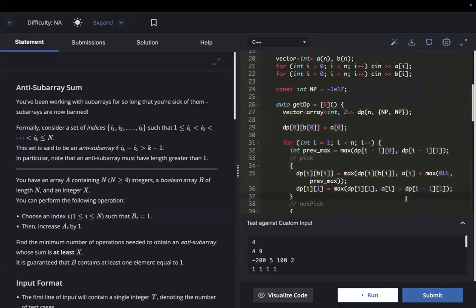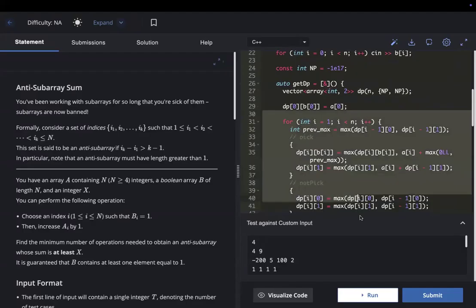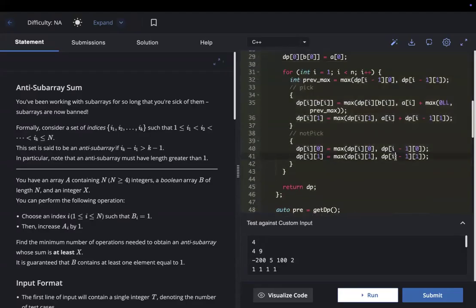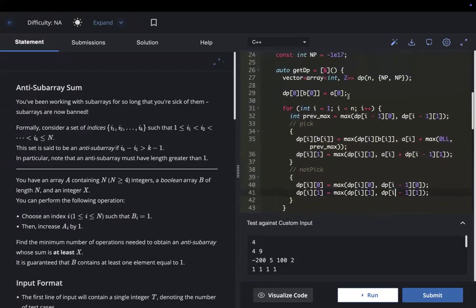And for the part of DP transitions, I think it's better if you try to understand it after reading it yourself. The base case is for the first guy: depending upon the value of B0, I will update DP of 00 or DP of 01 with the value of A0.